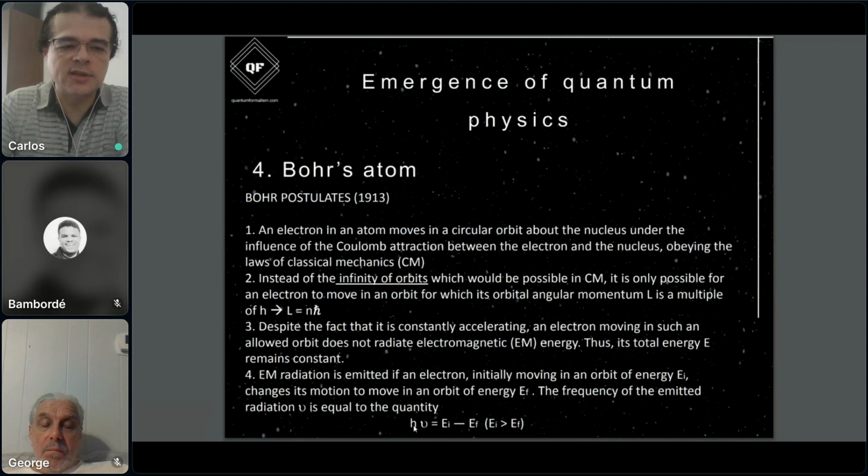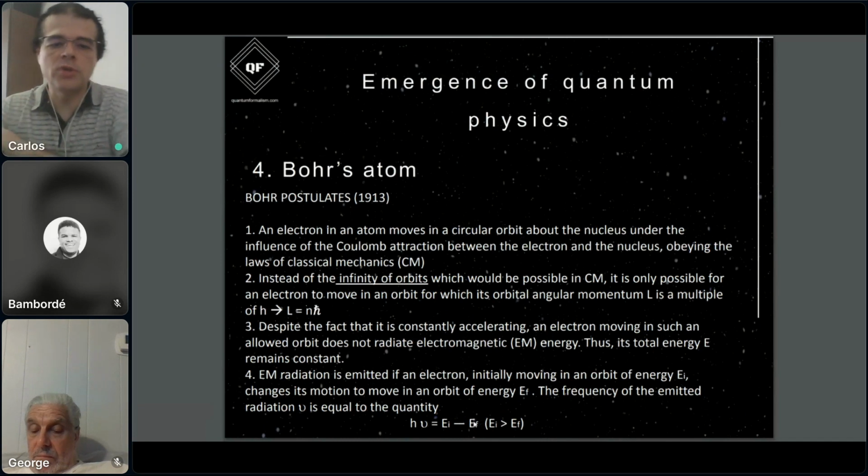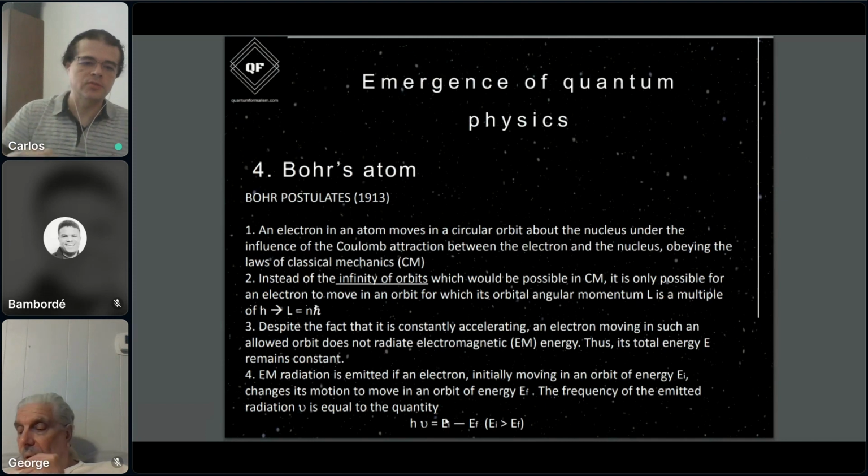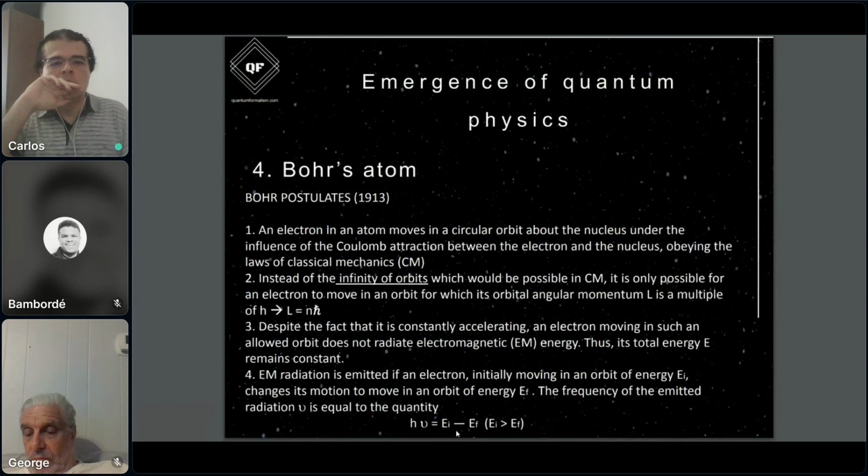So h, again the Planck constant, times the frequency, equals the difference of energy between the initial and final orbit. So once it's in one orbit, it does not radiate, but if it changes from one orbit to the other, it radiates with a formula like this. I mean, Planck's ideas are behind this again, right? So 13 years after. So that's the Bohr model.